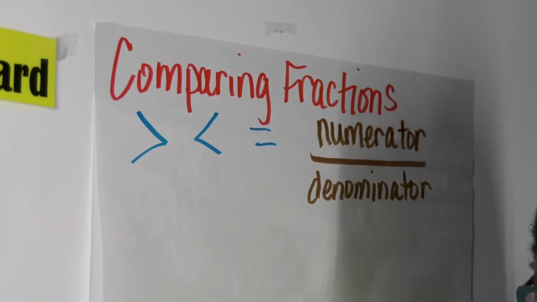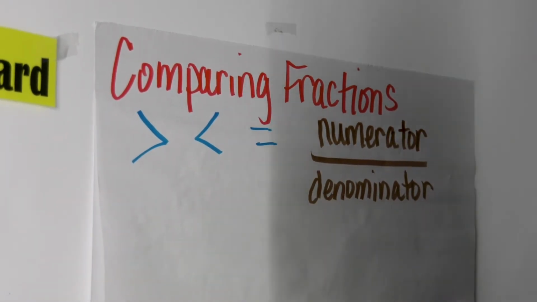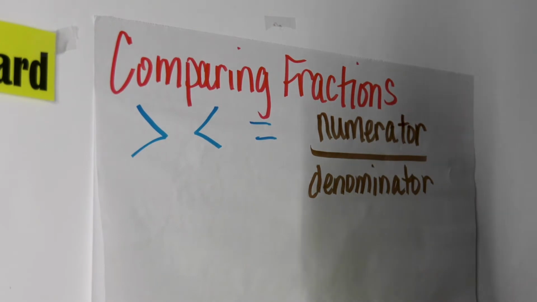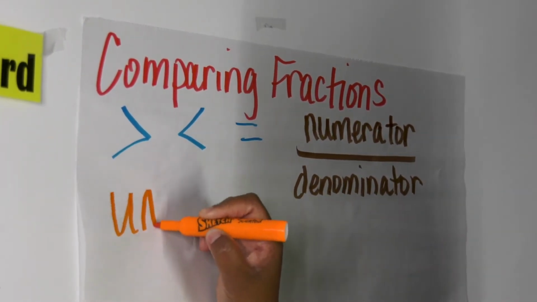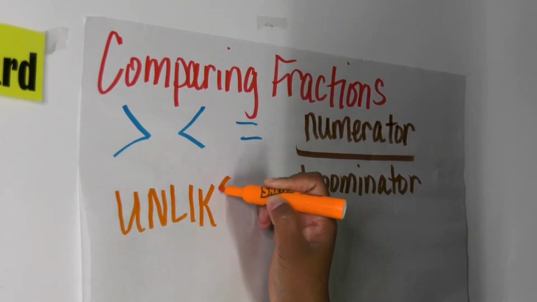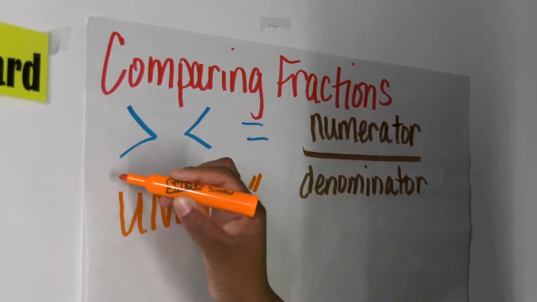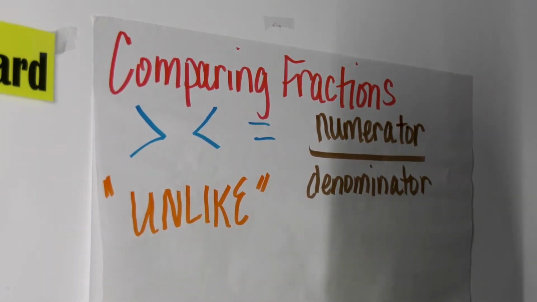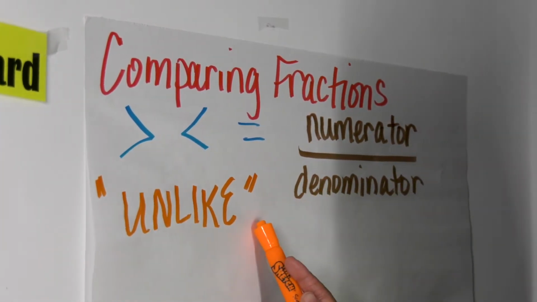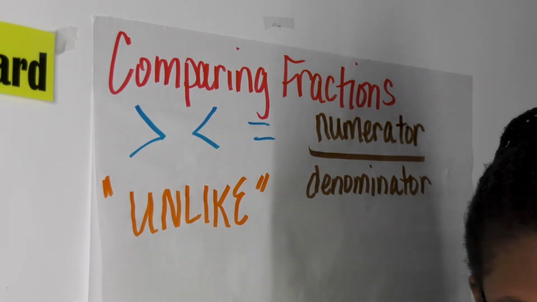Okay, next, we looked at comparing fractions with unlike denominators. The term unlike means that it is different. The denominators are different. So we looked at some examples comparing unlike denominators.